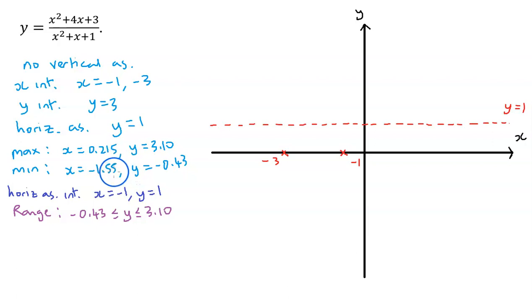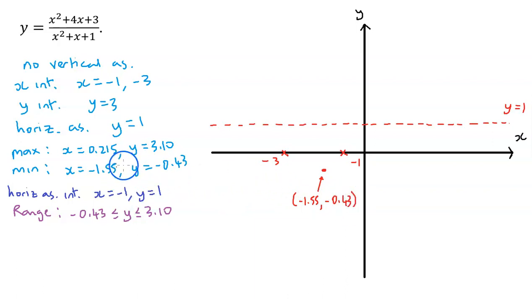Plotting a couple of other points, we know there's a minimum when x is -1.55, so about there, and y equals -0.43. So that's going to be our minimum point, and we can label it as, well, what it is. -1.55, -0.43.